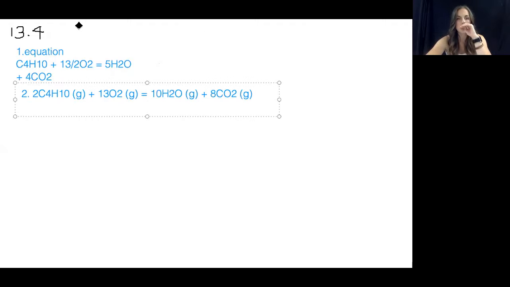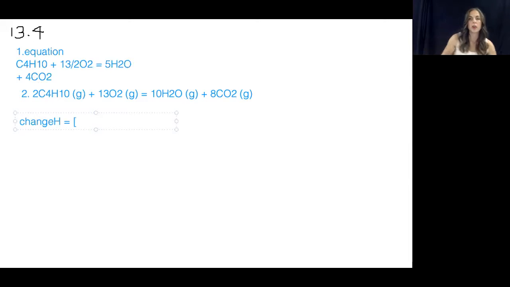Step 2, we're just going to use our equation that we just talked about earlier. So change in enthalpy standard. There should be a degree symbol, but I can't do that on here right now. It is going to be equal to, I'm going to put a bracket because we're going to sum up all of our products first.